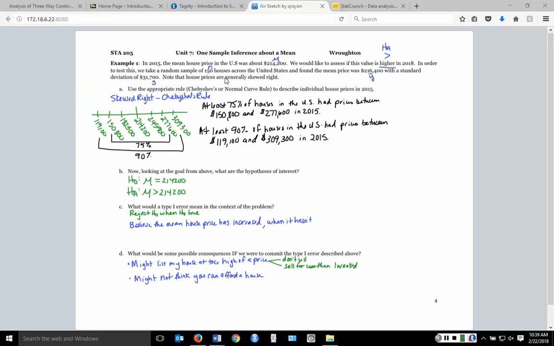For my second condition, I either need to know it's normal or have a sample of at least 30. Going back and reading the problem, it didn't say anything about it being normal. More specifically, it actually said that it was skewed to the right. So it isn't normal because it's not going to be symmetric. So I know that that first part of that one is not met.